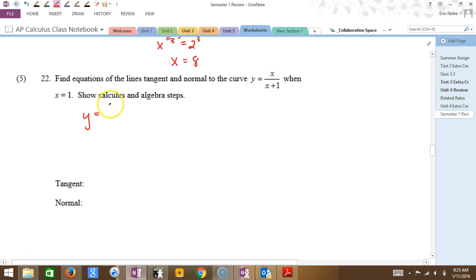So my ho is x plus 1, my d hi is 1, minus the hi times the derivative of the ho, all over the ho squared. So we get x plus 1 minus x on the top, which is 1 over x plus 1 squared.